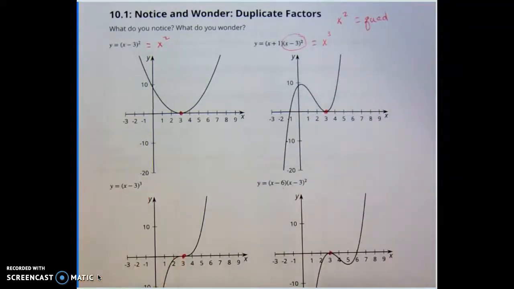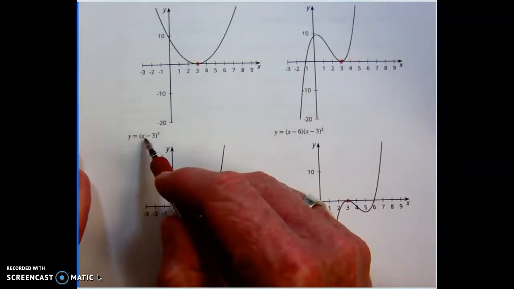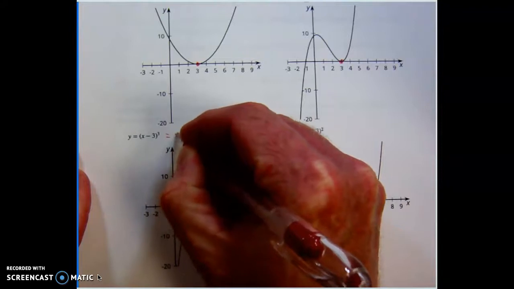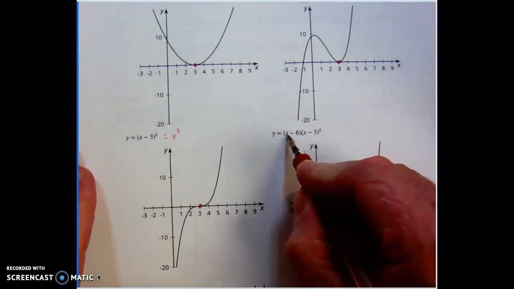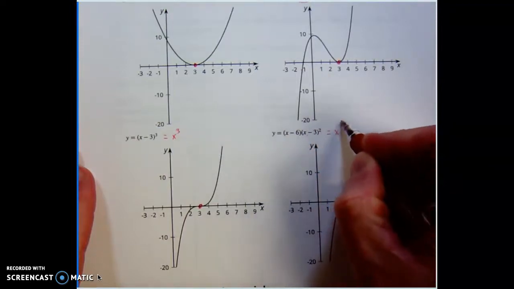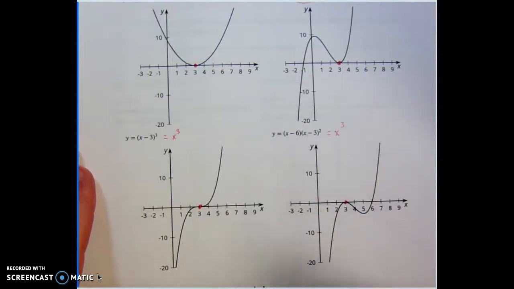Same thing here. We've got an x to the third power. So same end behavior. And on this last one too, we've got an x to the second and then another one, so that makes an x to the third power. So up on the right, down on the left. All right, so just some things to remember there. We know about end behavior.